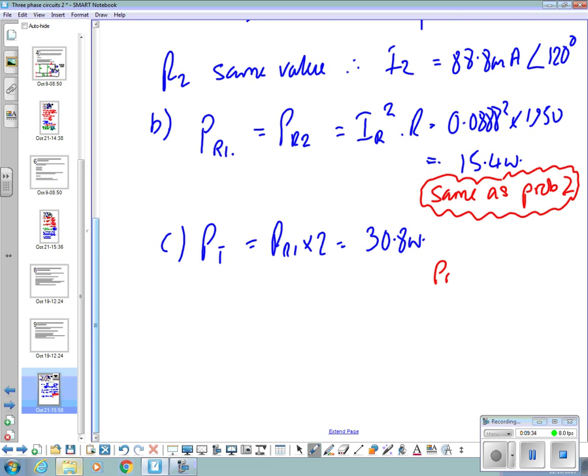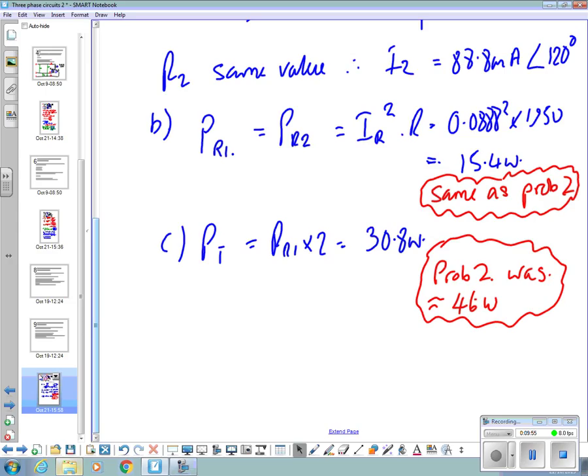16 watts less. Problem 2 was 46 something, wasn't it? Approximately 46 watts. So it's about a third. So you drop one load in star and you got about a third the power you had.